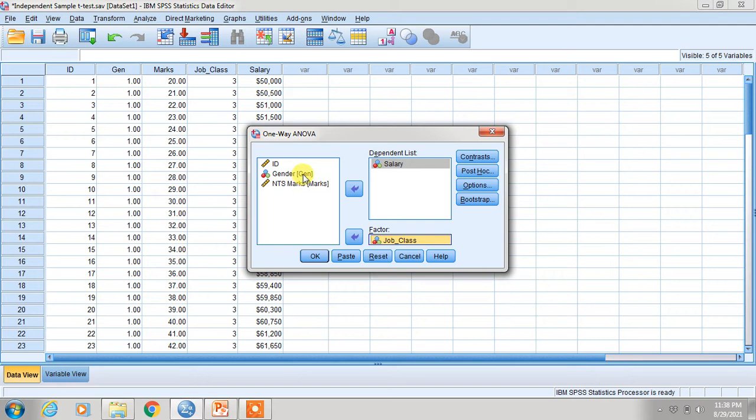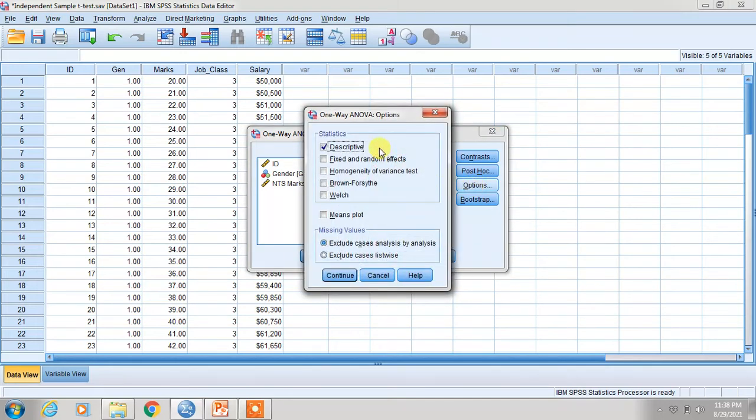I cannot consider gender here because gender is limited to only two groups, one male and one female, while in one-way ANOVA we consider the group when it is more than two. So in this case we have job class on three different levels.